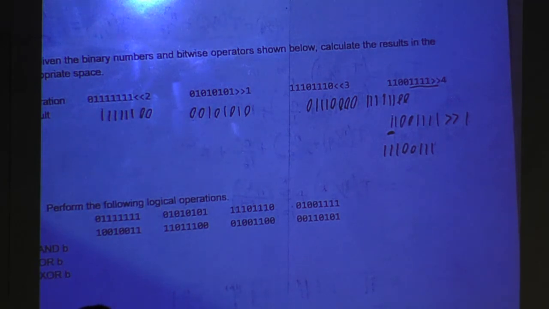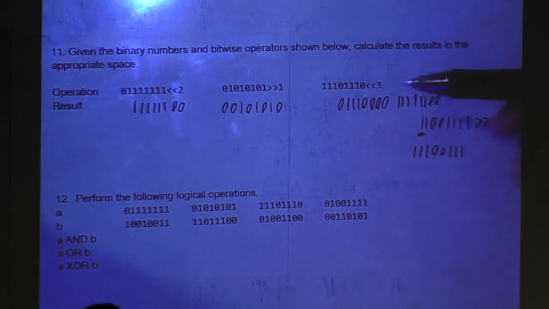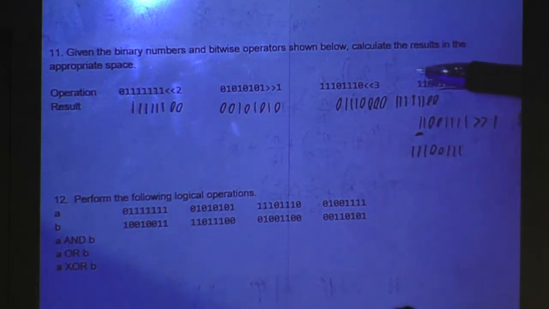One thing you can actually test is with C. When you're shifting left, it has only one way to shift left.